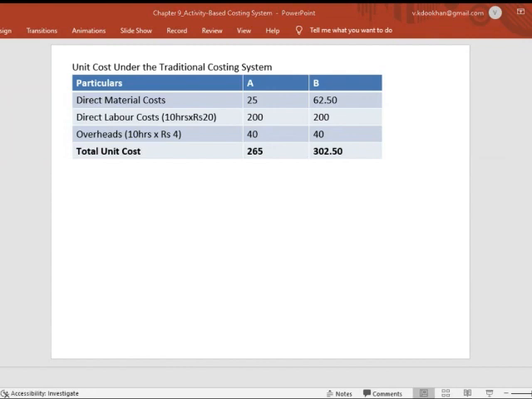Tell me, is this table clear for you? What have we done? If any part of it is not clear, just let me know.